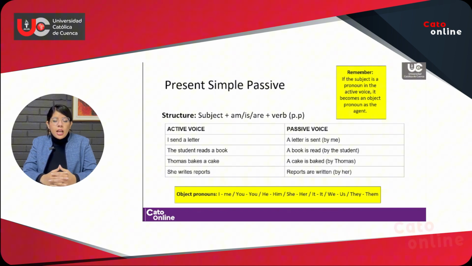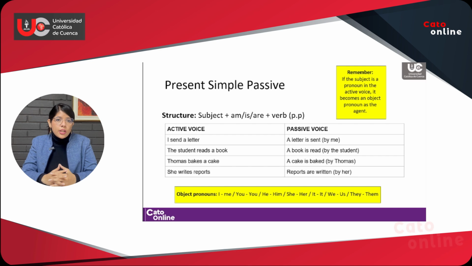It becomes, a book is read by the student. Next one we have, Thomas bakes a cake, and it becomes, a cake is baked by Thomas. And finally we have, she writes reports, and that becomes, reports are written by her.